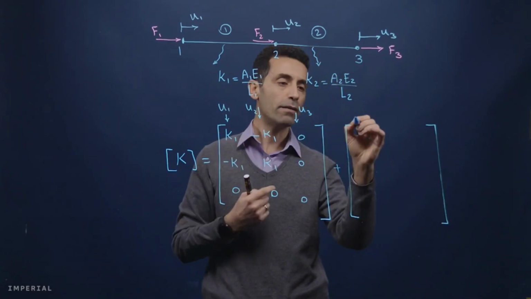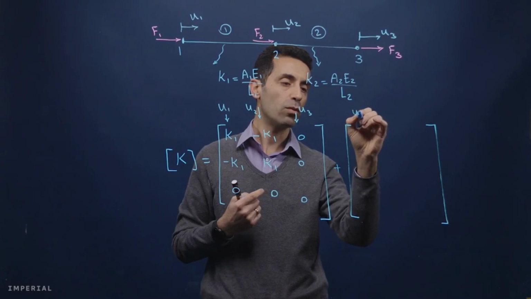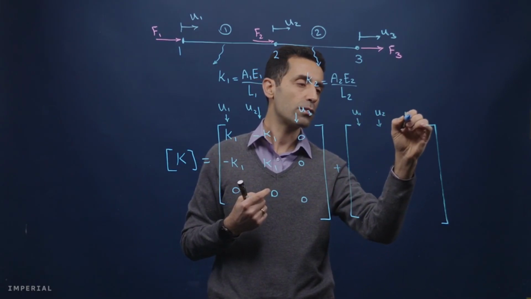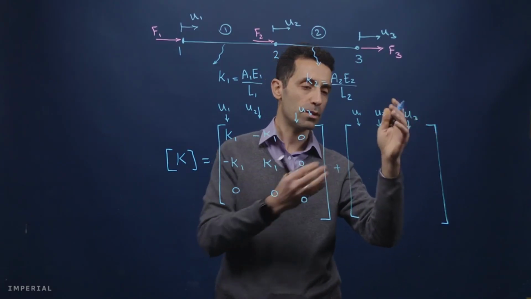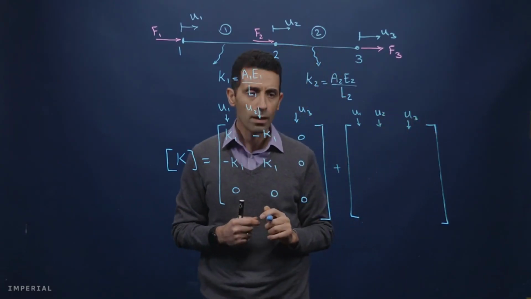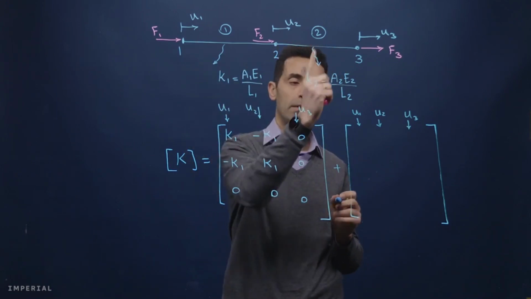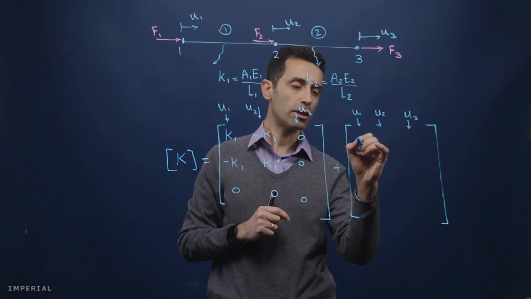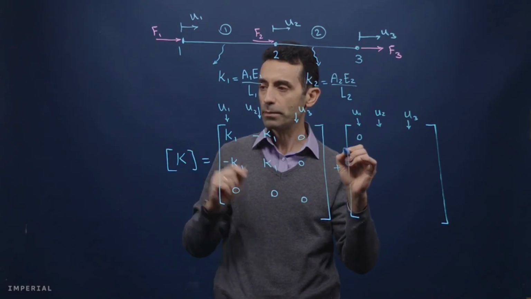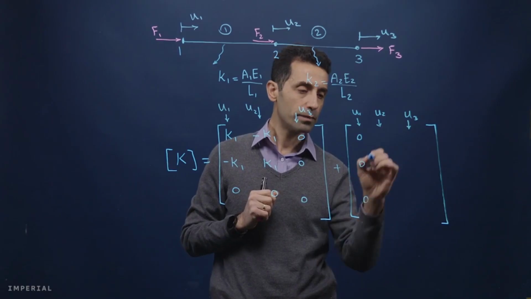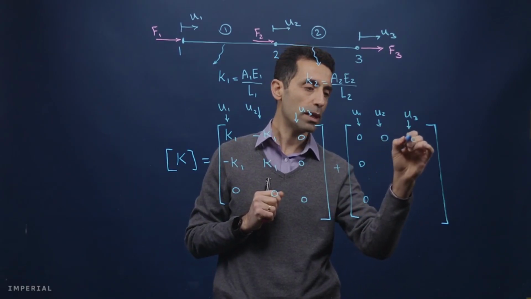So here we have, if you remember, U1 is here, U2 is there, and U3 is in this position. So there is no connection between U1 and element number 2, so that would give us 0 here, 0 and 0, and also in this place.